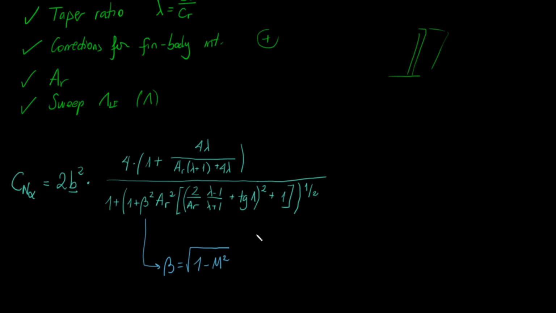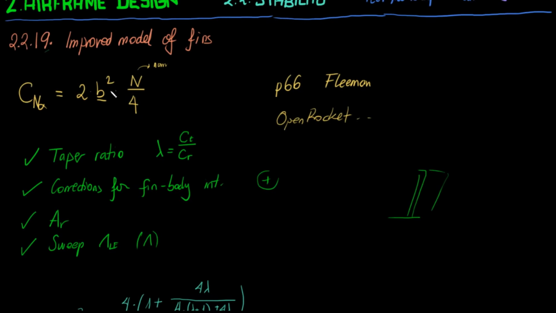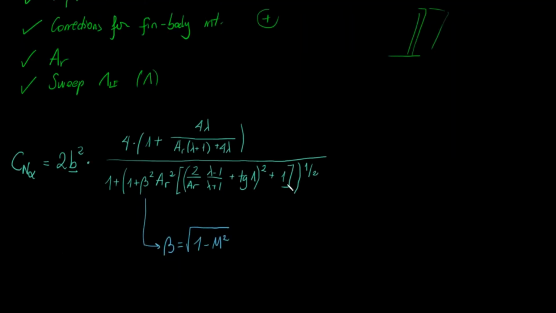So yeah, and now you're gonna say, all right, so what about it? What does this mean? How is this gonna influence? So look how I've presented this equation. I presented it in a way that it's like a factor that changes the specific span squared.